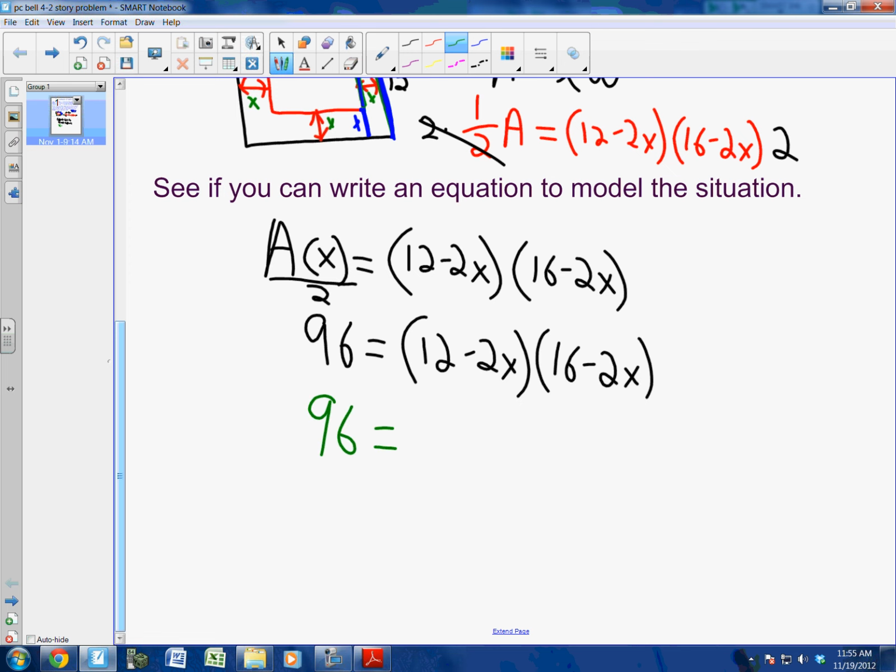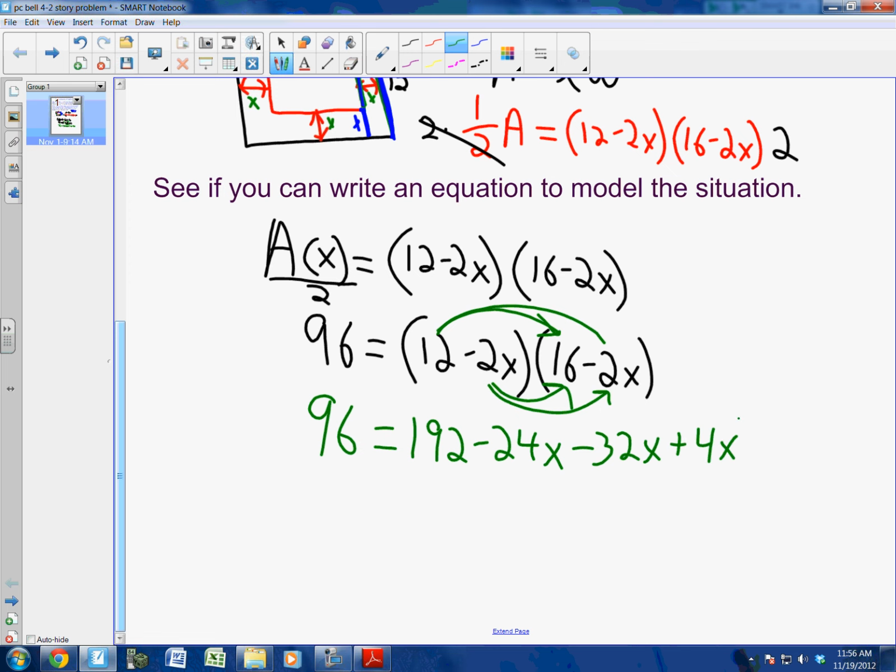96 equals 12 times 16. What's that again? 192? Times 12 times negative 2x is going to be negative 24x. Negative 2 times x is negative 32x. And negative 2x times negative 2x is positive 4x squared, right?